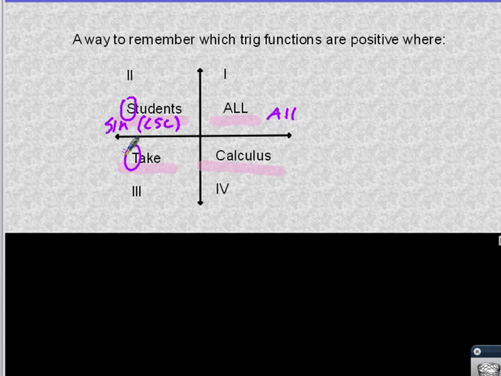Then T, so all students take, this stands for tangent, so tangent and cotangent are positive. And I'll put pluses here so you know that's what it means. And then calculus, so in quadrant 4, cosine is positive along with its reciprocal, which is secant.